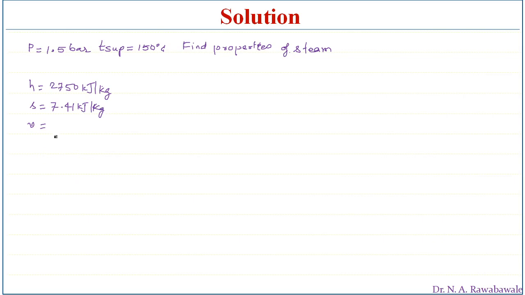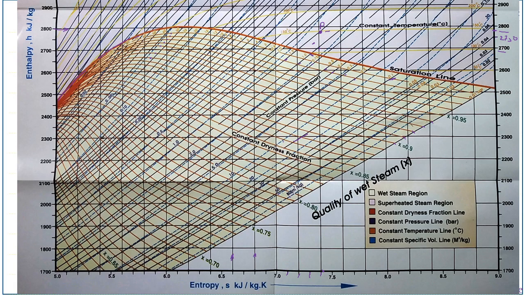Then what about the specific volume V? To find the specific volume at point P, this dotted line represents specific volume. It is between these two dotted lines, where the specific volume is 2 here and 1 here. It is not exactly at the center; it is just before the center, which would be 1.5, so we can take it as approximately 1.4.